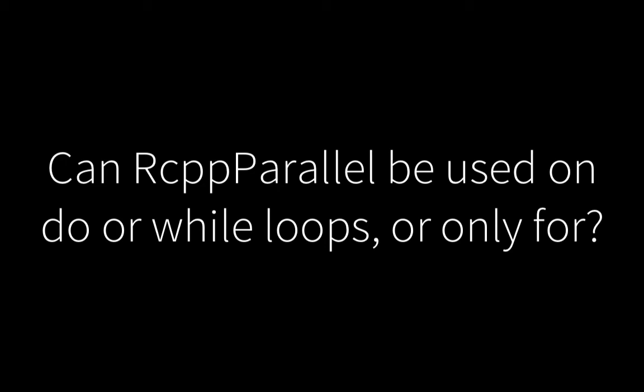So in general, I wouldn't think of it in terms of, I want to convert a for loop into a parallel for. I'd say I have a range of data. I want to apply the same operation on each element in that range of data, and I want that computation to be done in parallel. And so RcppParallel gives you a mechanism for doing that.